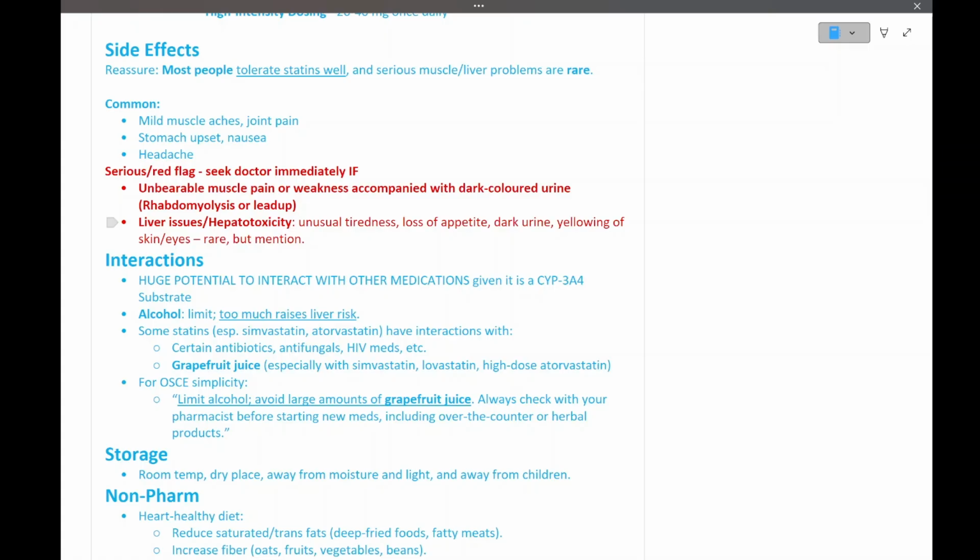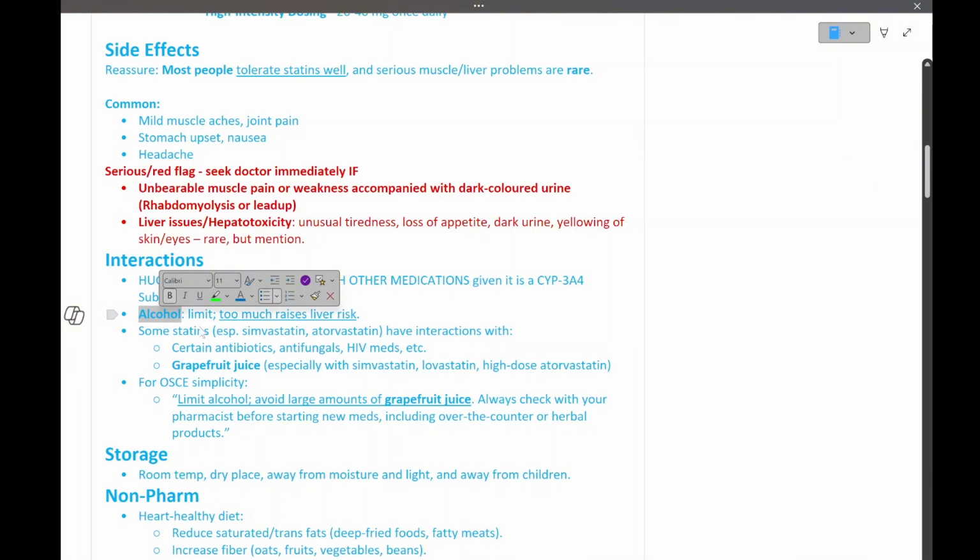In terms of the interactions of this medication, statins have huge potential to interact with other medications given it's a major CYP3A4 substrate. This means that the medication is cleared by the liver, and so the most important substances that patients want to be mindful about are alcohol, certain antibiotics, antifungals, HIV meds, and grapefruit juice.